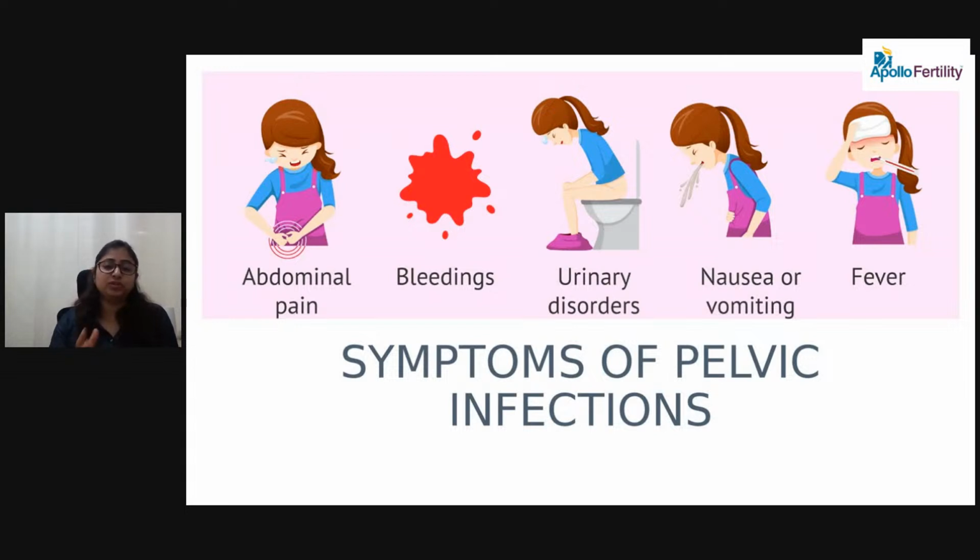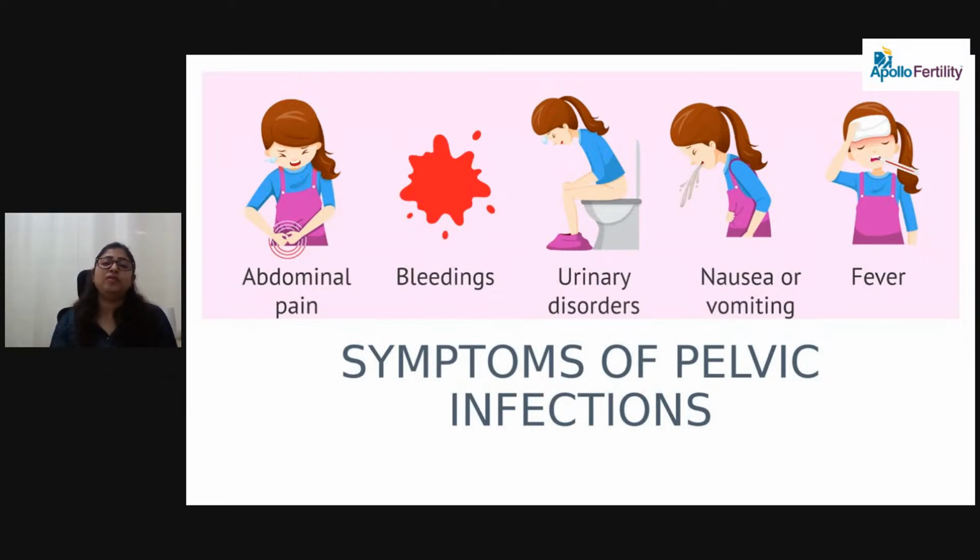Sometimes there are urinary disorders, like painful urination when you are passing urine. Some people have problems with sex and may feel pain during sex, which is called painful sex. Abnormal vaginal discharge is one of the most common complaints.